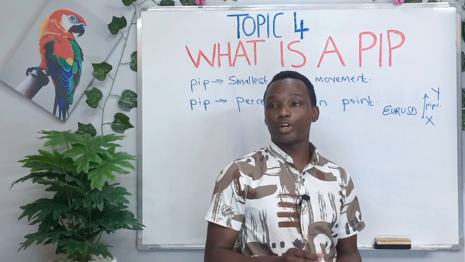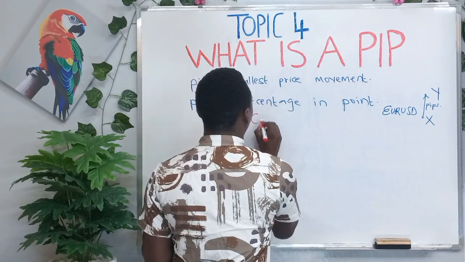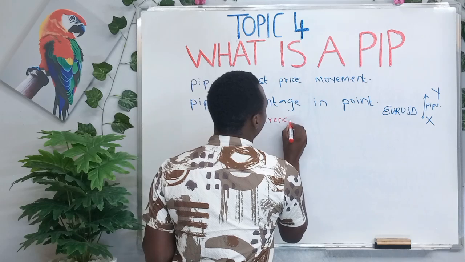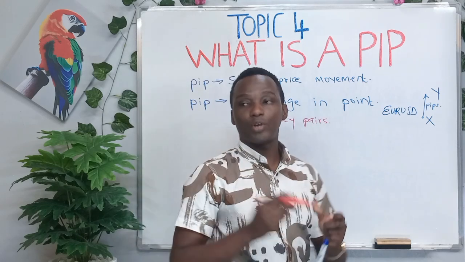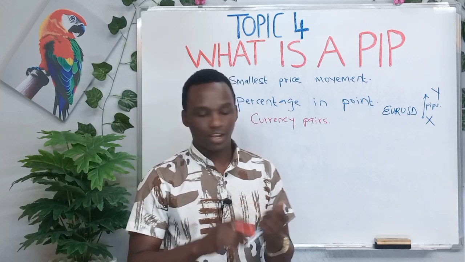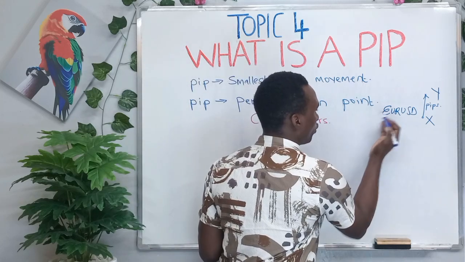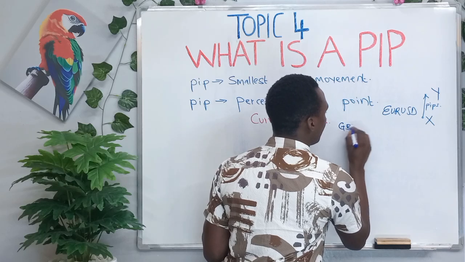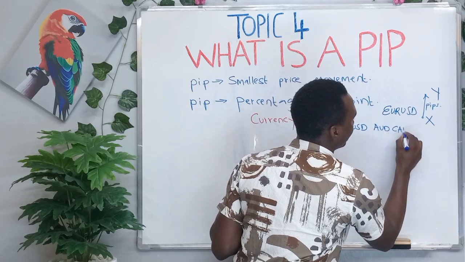So very fast we are going to look at the examples, okay? And we are going now to look at currency pairs. There are two case scenarios when we look at currency pairs. First, we are looking at currency pairs like the Euro USD, the GBP USD, the Aussie USD, all right?